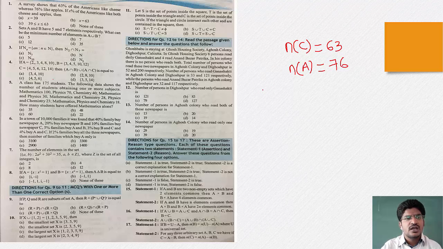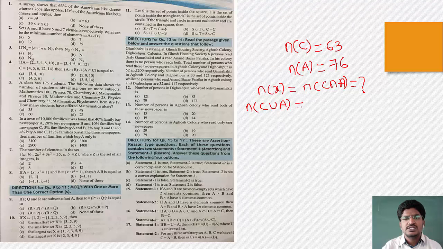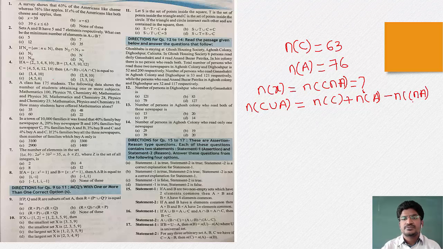Now they are asking n(X), that is n(C intersection A), equal to question mark. To find this, we shall use the formula n(C union A) is equal to n(C) plus n(A) minus n(C intersection A).